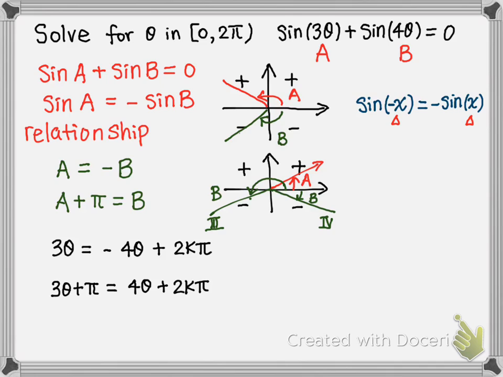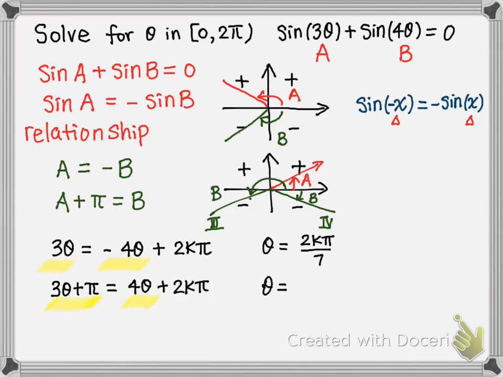Now solving the first equation, you add 4 theta on both sides of the equation. You will get 7 theta equals 2k pi. So theta equals 2k pi over 7. The second relationship: we can subtract 4 theta on both sides, and subtract 2k pi on both sides.